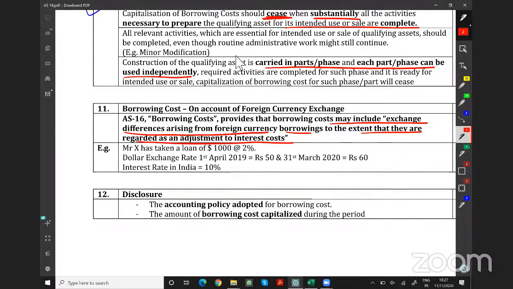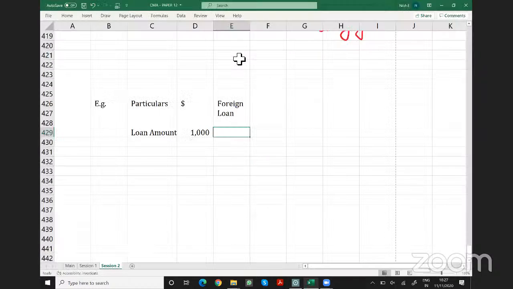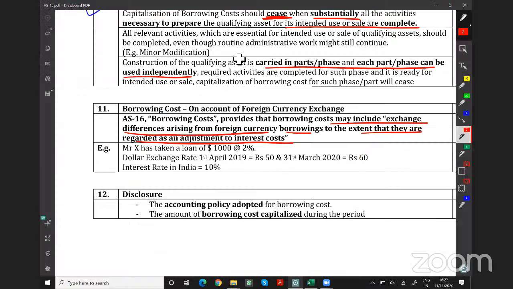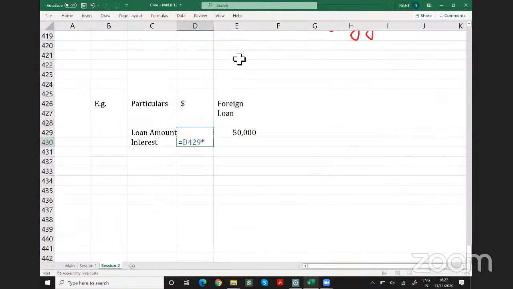The loan was taken on 1st of April 2016, when the rate is 50 rupees. So $1,000 into 50 rupees is 50,000. The loan amount taken is 50,000. Interest is at the rate of 2%. So 1,000 into 2% comes to $20 only.